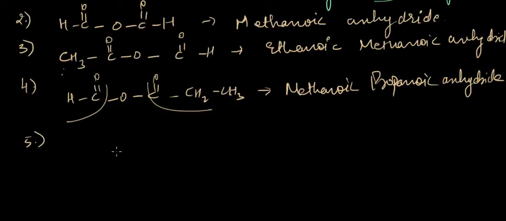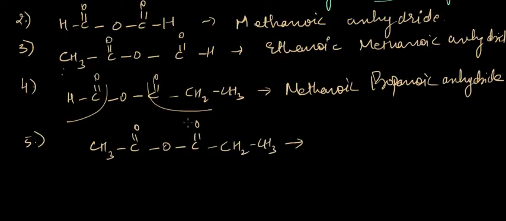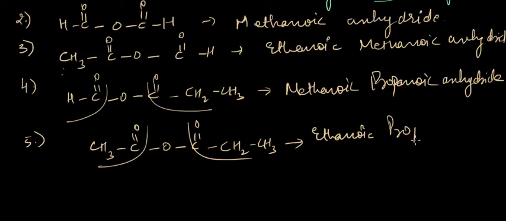Let's look into this example. So this would be called ethanoic propanoic anhydride.